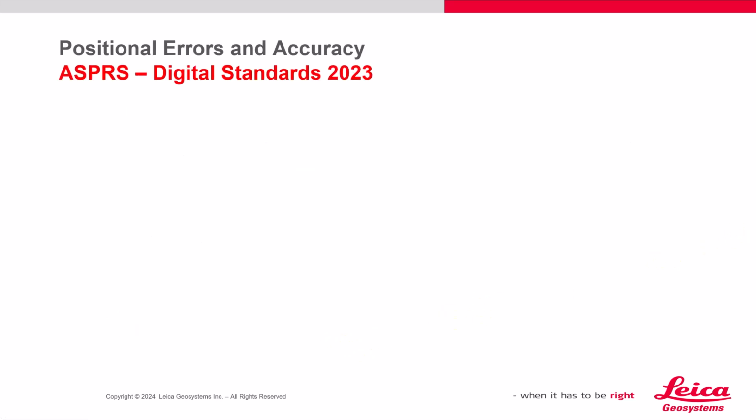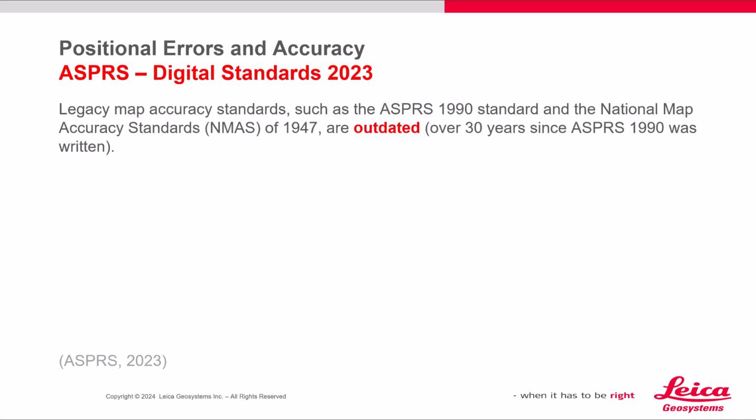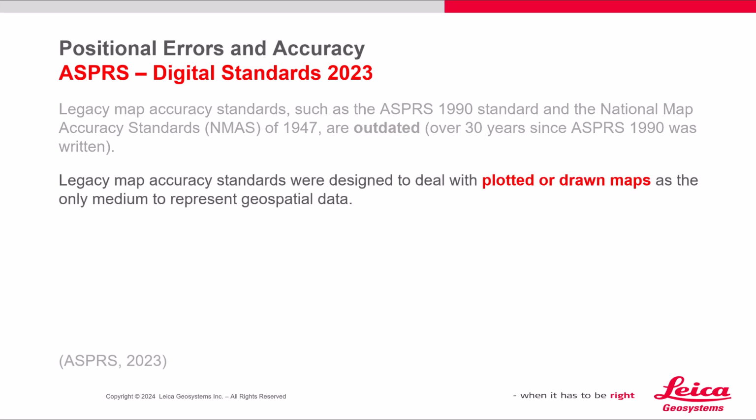Just to talk a little bit about the digital standards. It's relevant at this time because there's a new revision that comes out in 2023, or came out in 2023. It's replacing the legacy map standards such as the 1990 standard based on paper. And we've graduated now to digital instead of paper, so we had to come up with a new standard.